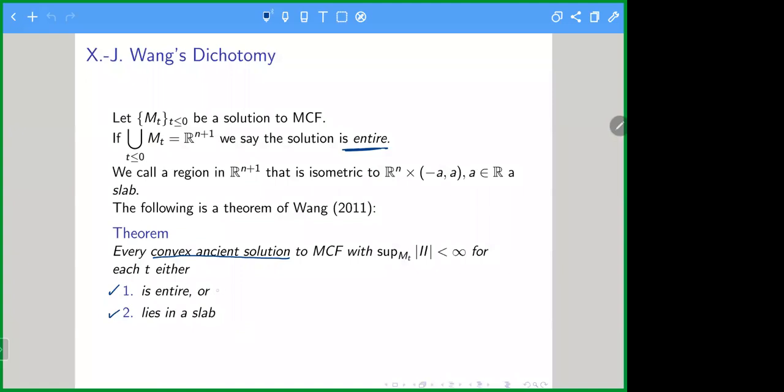And so I've talked about what's happening in the entire situation. I've found examples of translators that satisfy that. So now I'll talk about solutions that lie inside a slab region, by which I mean R^n times some interval (a,b). This I refer to as a slab region.